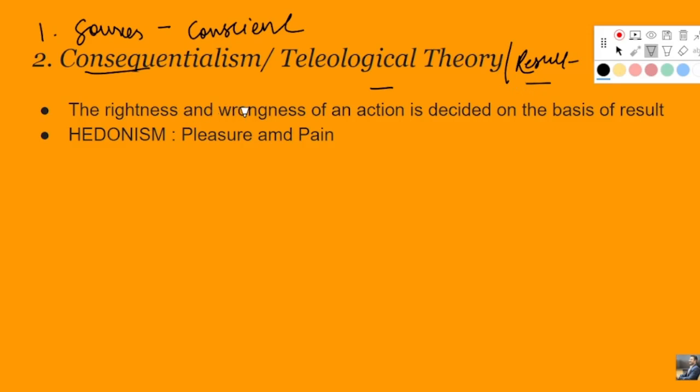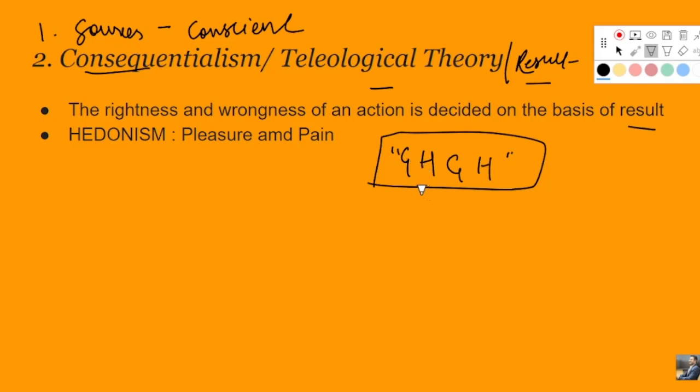So when the rightness and wrongness of an action is decided on the basis of result, it is known as what? The consequentialist or teleological determinant of ethics, right? So always remember the basic idea behind consequentialism, the result determinant of ethical theory: the idea of greatest happiness of the greatest number is taken into consideration.